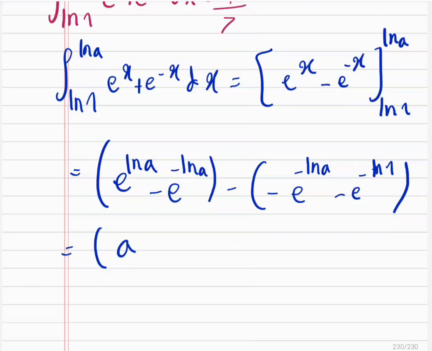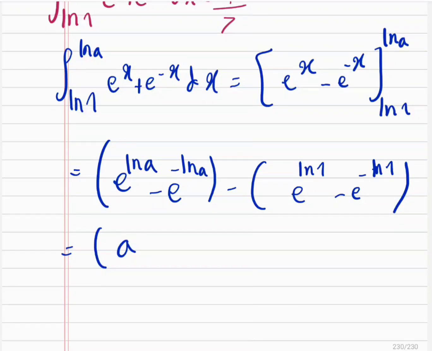I wanted to correct something here: there is a mistake because the power must be e to the power of ln 1, because we only substitute the lower limit here.